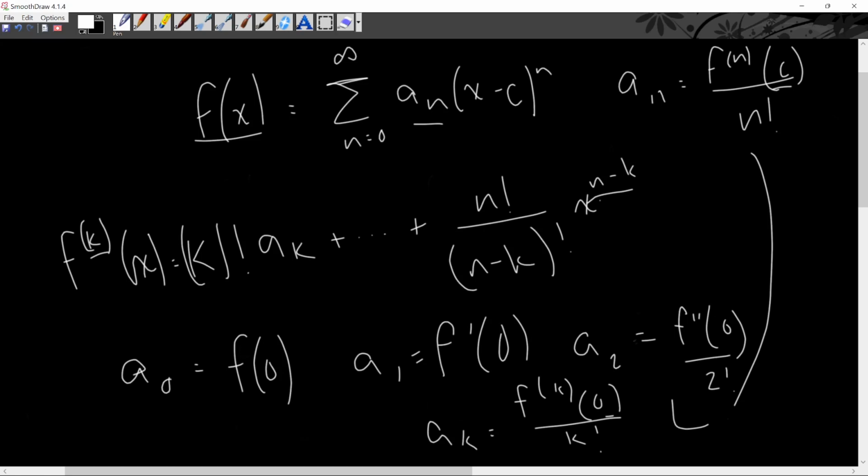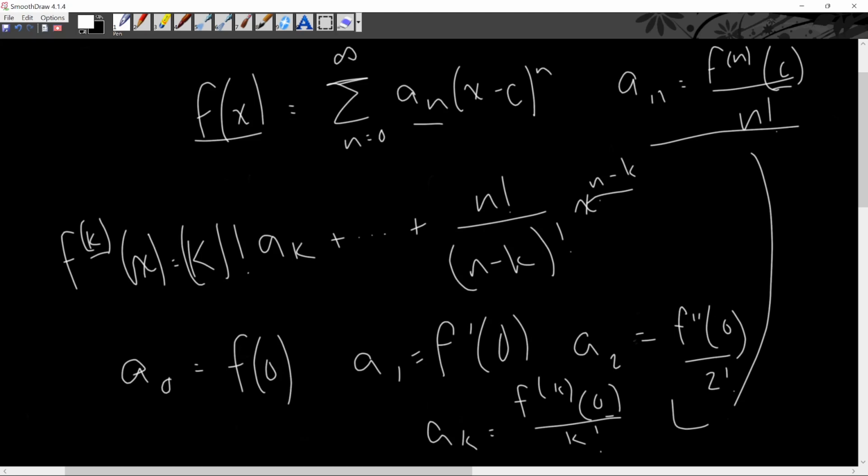So, okay. Now we have this very nice general rule for the coefficients of these values if and only if f of x is infinitely differentiable. This is important. Remember, this proof only works if f is infinitely differentiable.